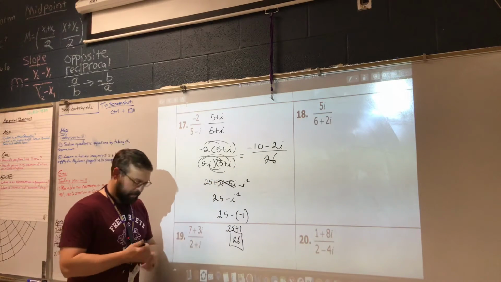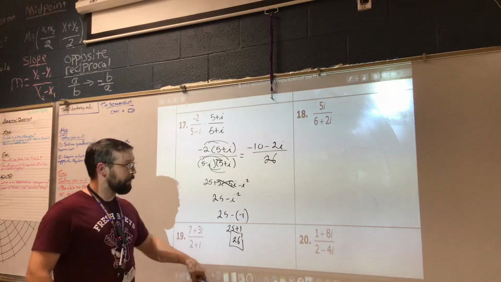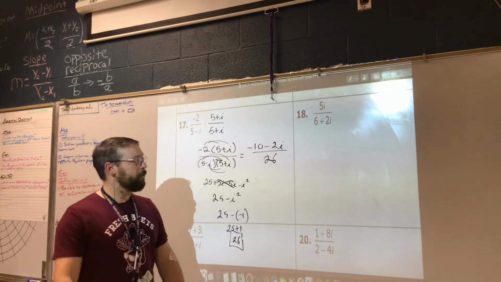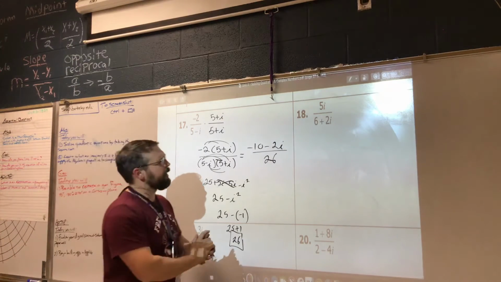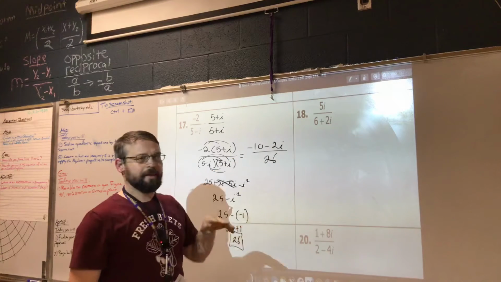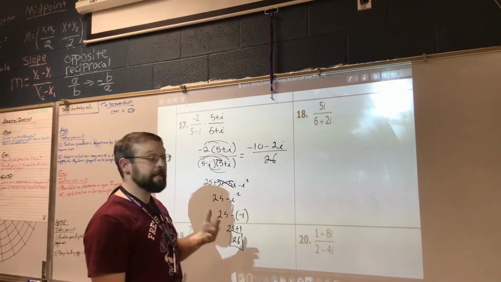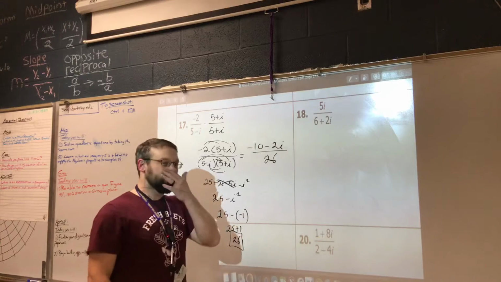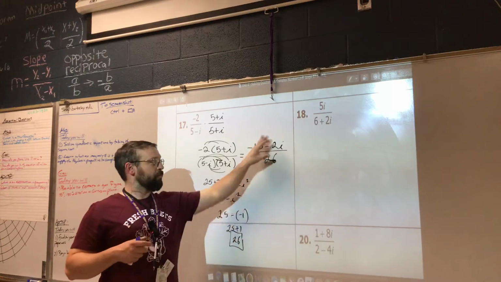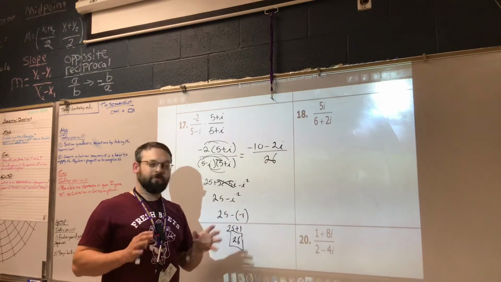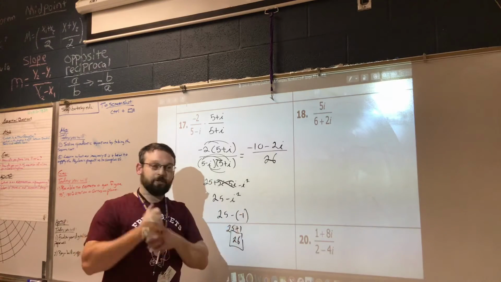So all that gives me 26. Now, before I go off and just circle it and say I'm done, I want to make sure that there's no reducing that can take place here. And in this case, there is. So here's how I traditionally show how to read these, because people sometimes have trouble seeing that there's two fractions in this.